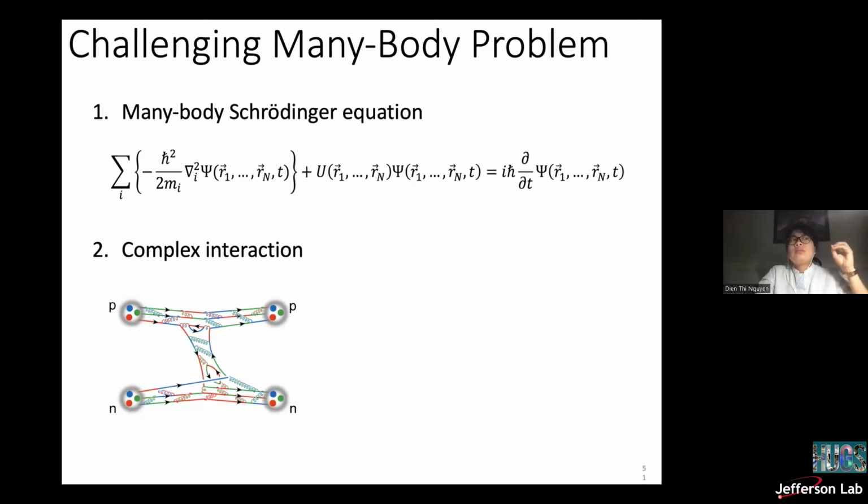But the problem is never simple, because in order to write the Hamiltonian, we need to understand how nucleons interact together. And that interaction is a very complex one. It's not a simple one. That is why solving the real many-body Schrodinger equation is nearly impossible for a many-body system.